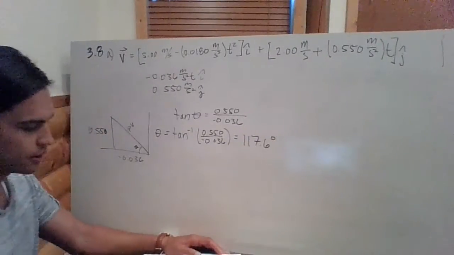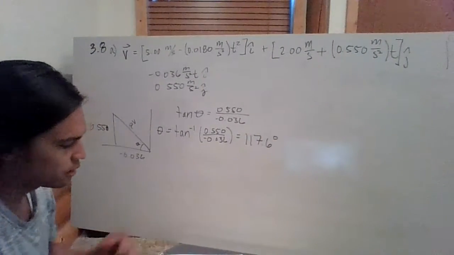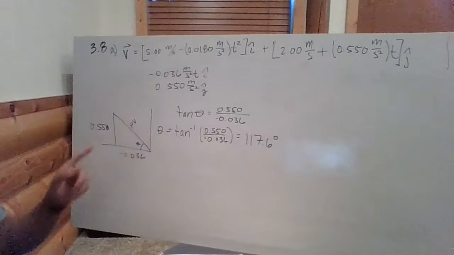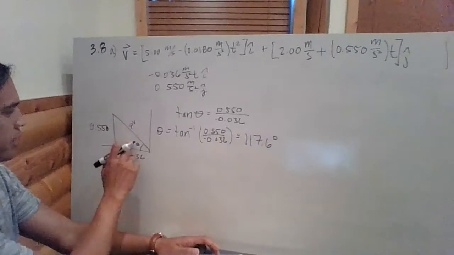And you get 117.6 degrees for theta. Now to find the magnitude, you just use sine, because now you know the angle.